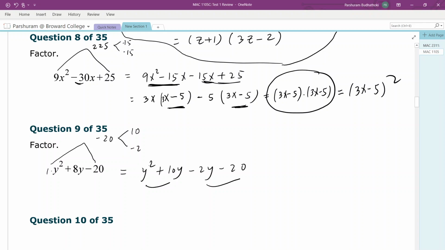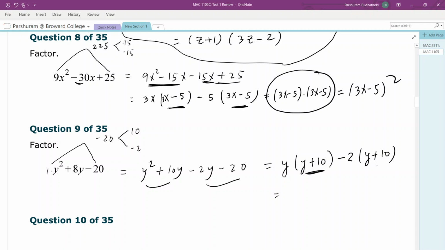From the first two terms, the common factor is y, and the leftover will be y plus 10. From the last two terms, the common factor is negative 2, and it gives me y plus 10.